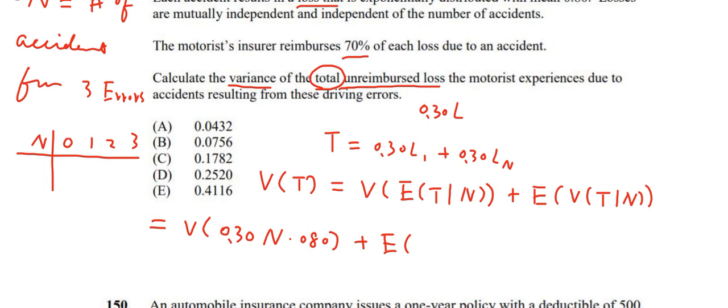So this T when n is fixed, this value is 0.30 square, and so we have n of them, right?